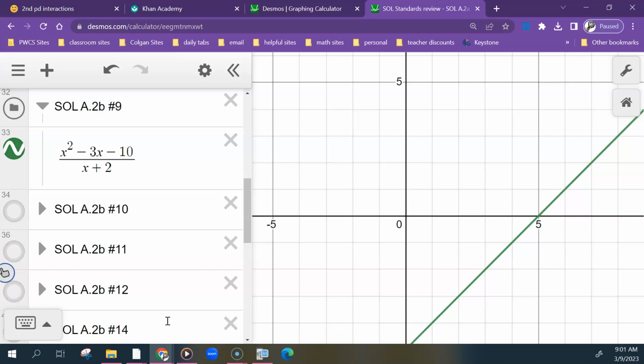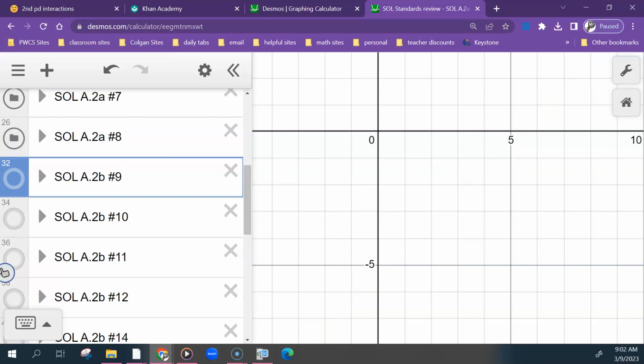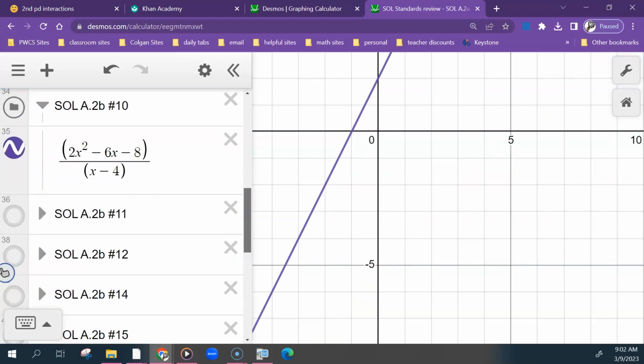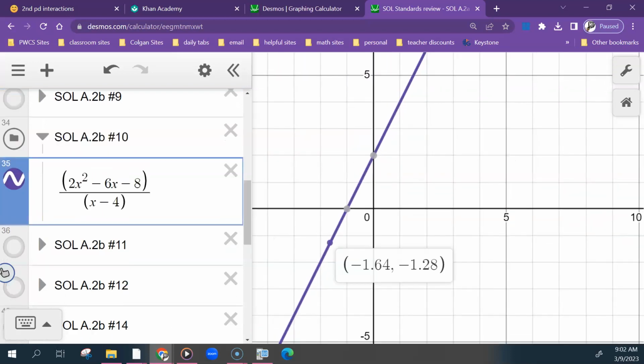So if you know how to find the slope and y-intercept of this line, the y-intercept is -5 and the slope is 1, so x minus 5. We'll talk about the y later. Same thing, put in the original, and we get a slope of 2 and a y-intercept of 2, so 2x plus 2.